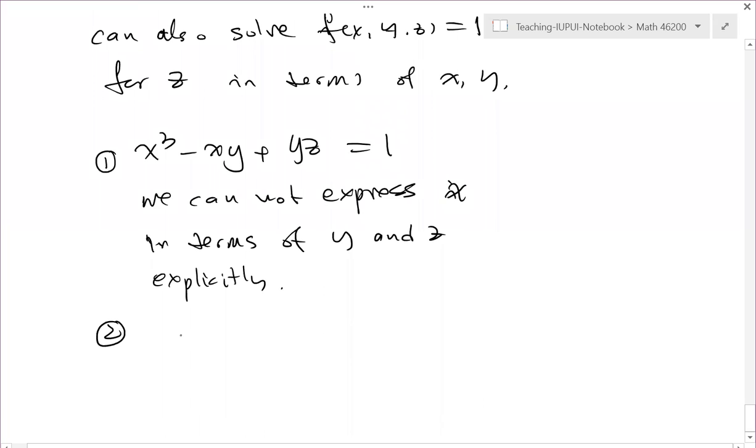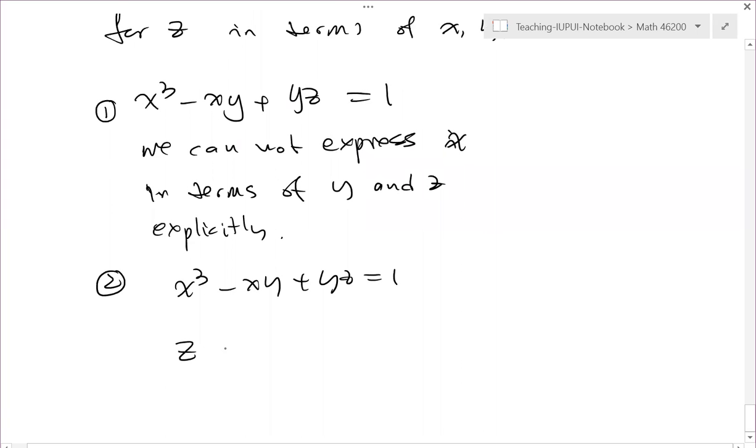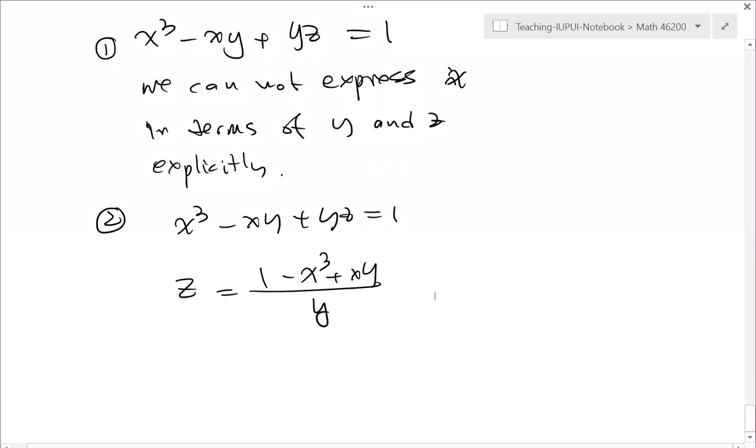Second, I still look at this. I can solve for z. z is easy. z is going to be 1 minus x cubed plus xy, divided by y. So you do get solutions, and that is my h(x, y).